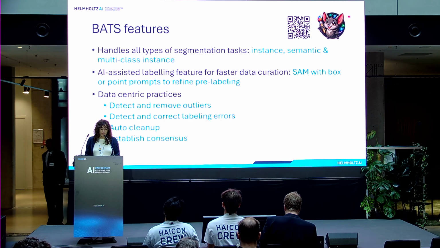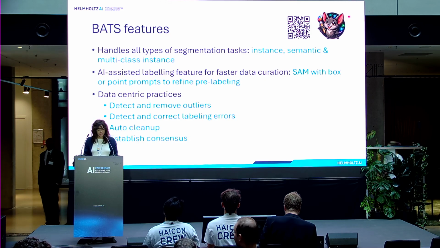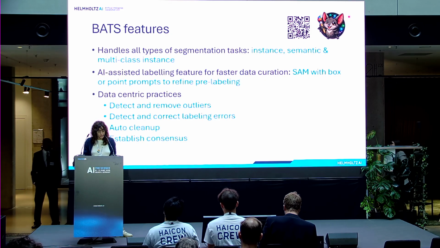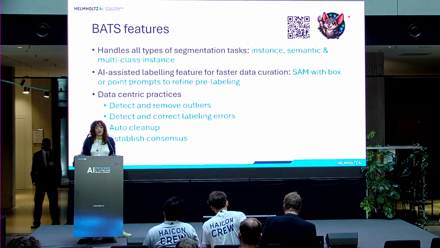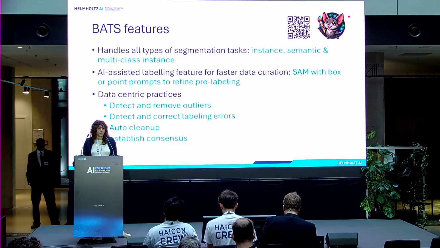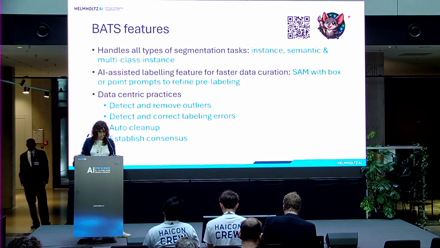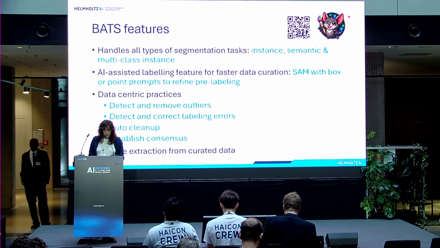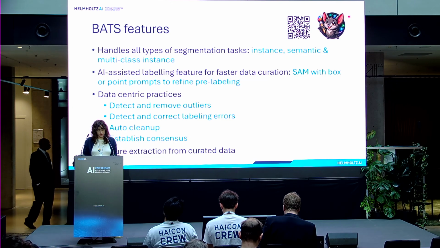There are checks for detecting and correcting labeling errors by the user. Several automatic cleanup steps which run when the user saves the data. And finally, the option for multiple annotators via an established consensus scheme. And finally, we also have the option to extract useful features from the final curated masks.